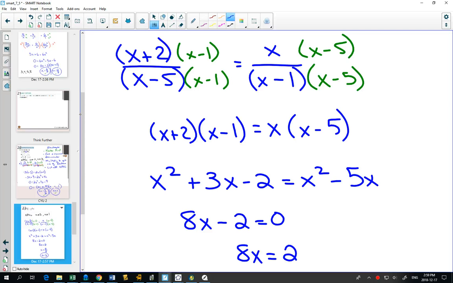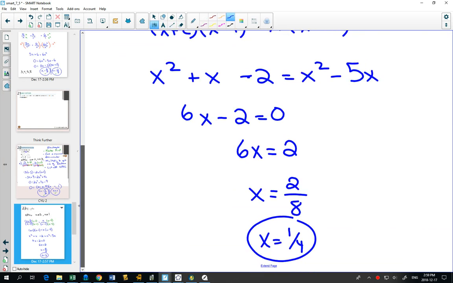Should it be negative 3? It should be something in here. This is a mistake right there. What should it be? It should be just 1x, which would make, when we bring this over, 6x, 6x. Does that work out then to be 1/3?